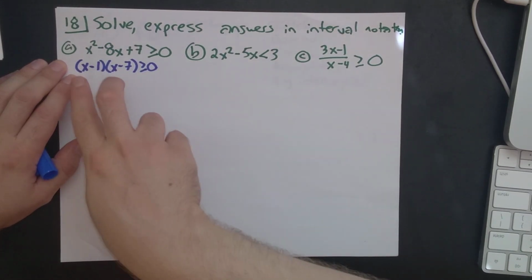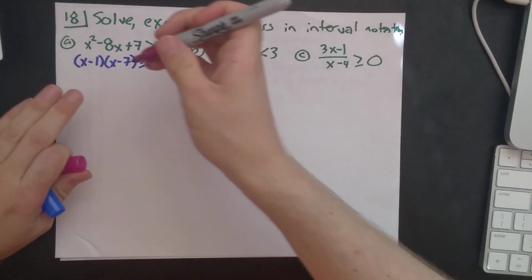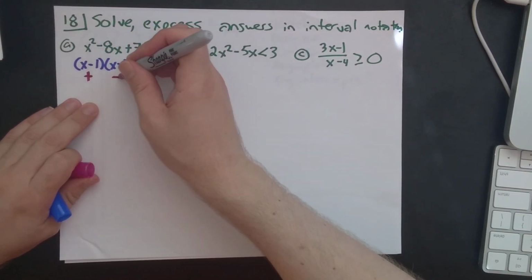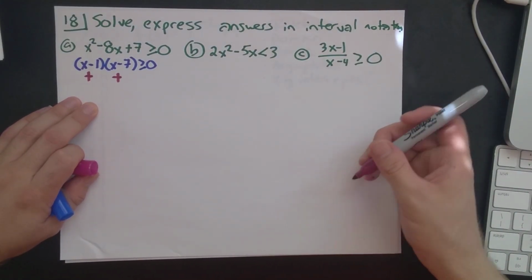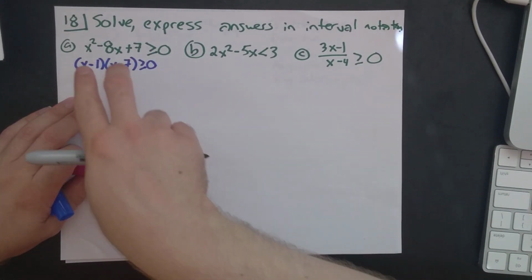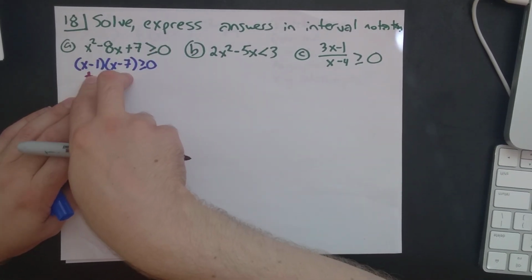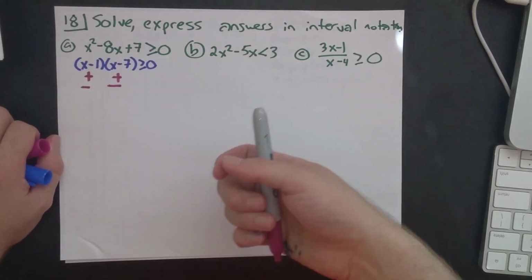It's when either both these terms are positive, and when I'm saying positive here, I mean non-negative, but it's a little bit easier to just put a plus sign for positive, or if they're both negative. So we want both of them to be positive or both of them to be negative. We don't want one to be positive and one to be negative.